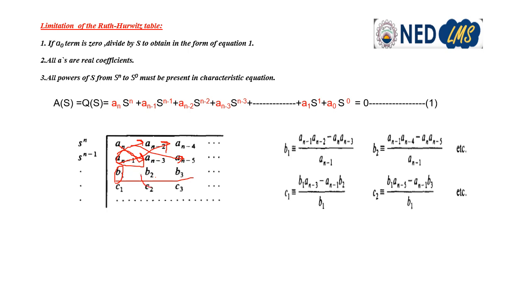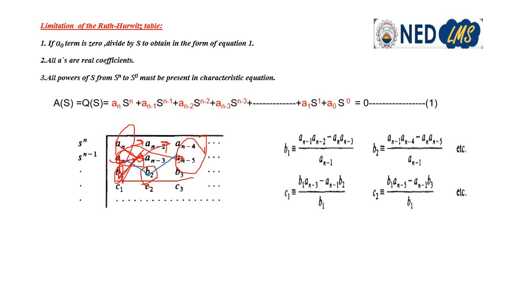To calculate b2, we will use the first column of the previous two rows and the column next to the term b2. We'll use these two columns. To calculate b1, we will use these two columns, the first and the next to this. To calculate b2, we will use the first column and the column next to this.